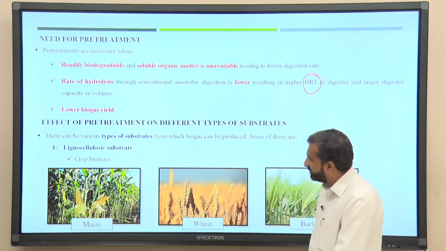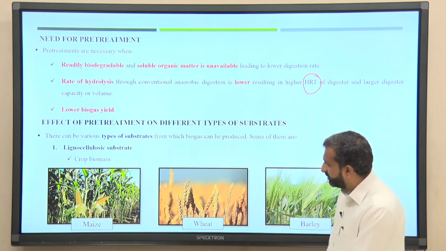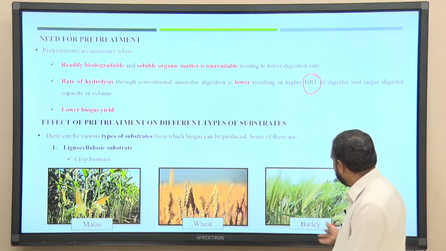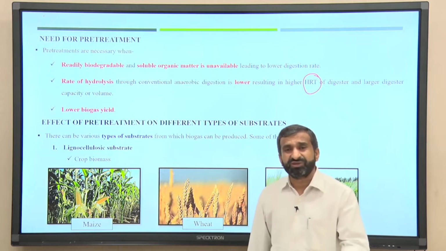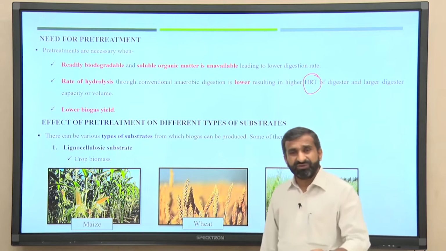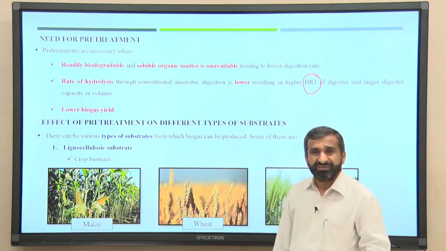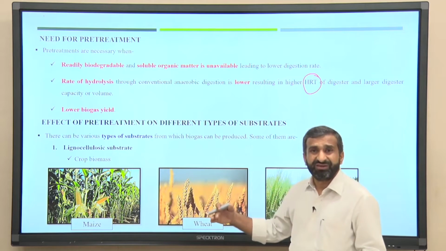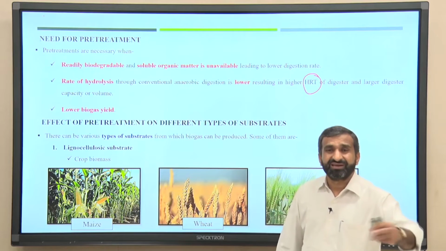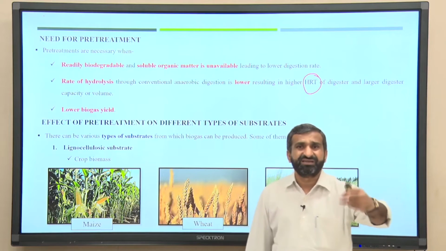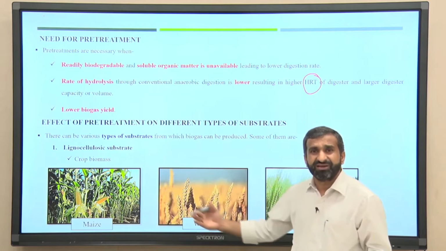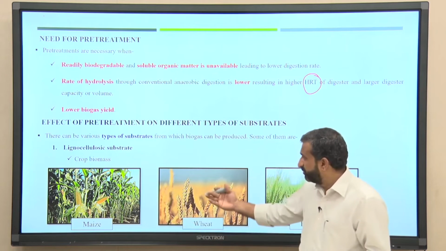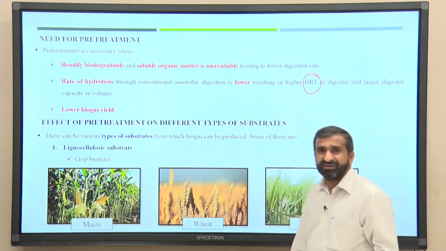The first is lignocellulose substrate like crop biomass such as maize and wheat. A huge amount of crop biomass is produced, and you know that in Delhi everyone is talking about air pollution from the burning of agricultural substrate in Haryana and other nearby states. These agricultural biomasses can be useful for production of biogas.